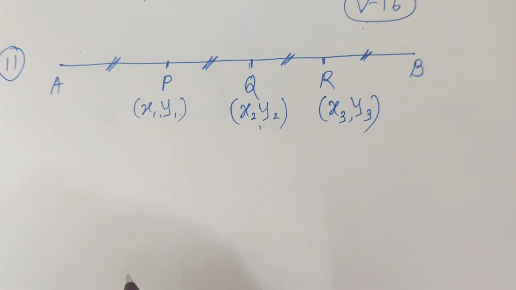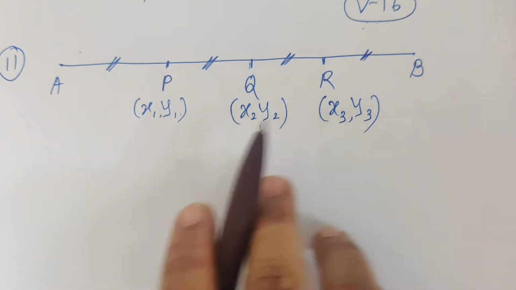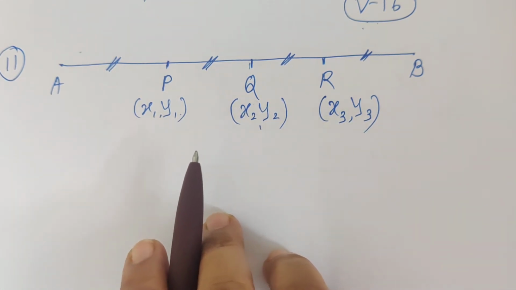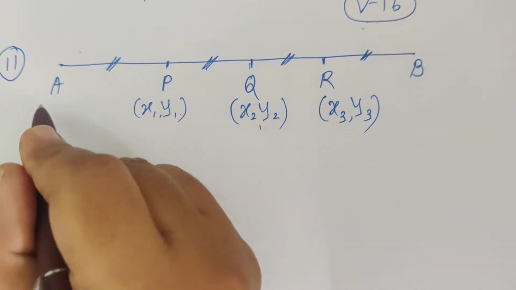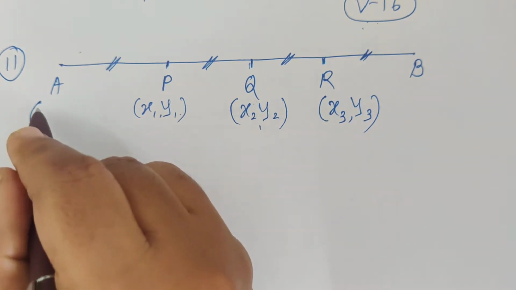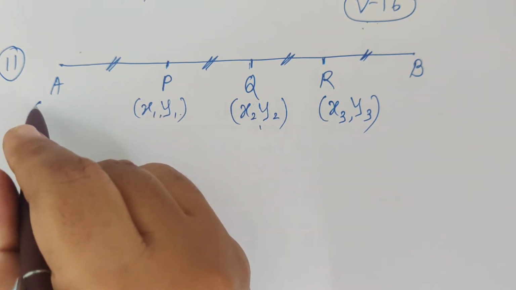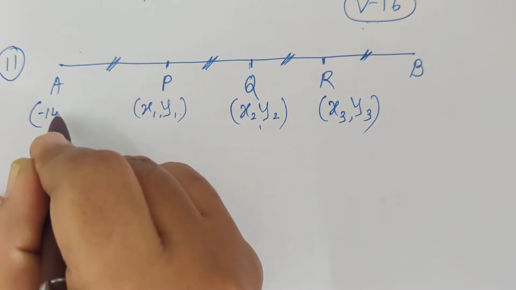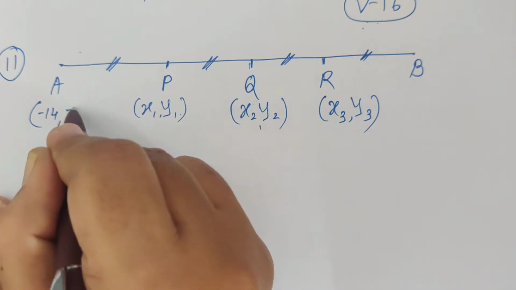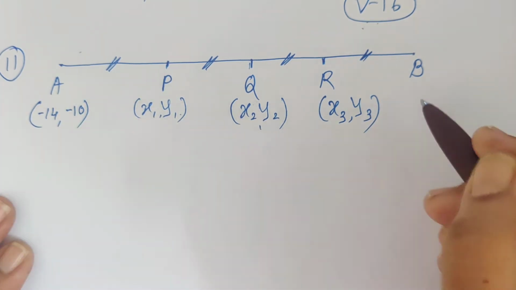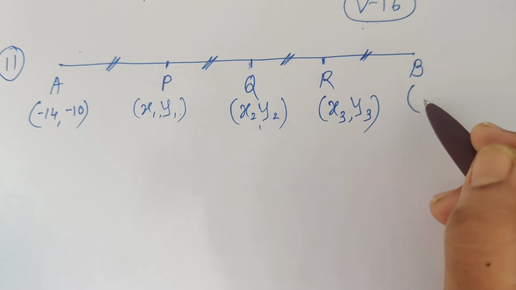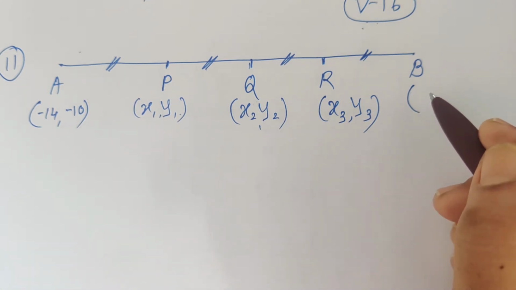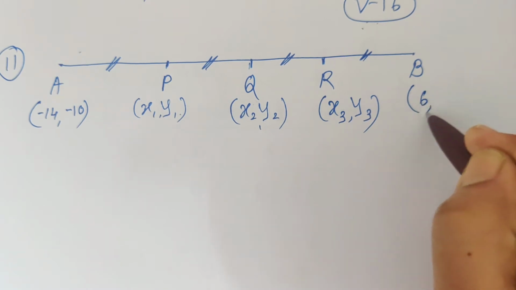Now, as it is said, it is dividing the segment into 4 equal parts. The coordinates of A are given: minus 14 and minus 10. And B's coordinates are given: 6 and minus 2.